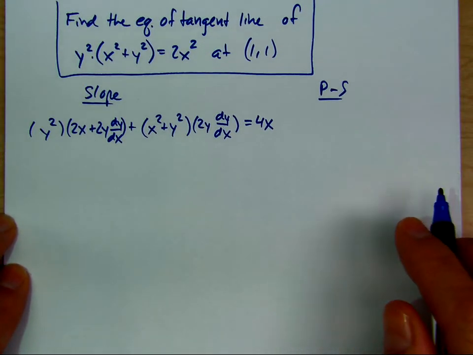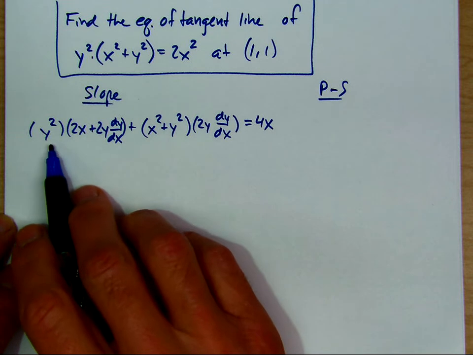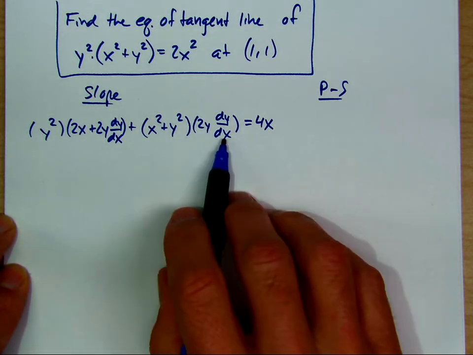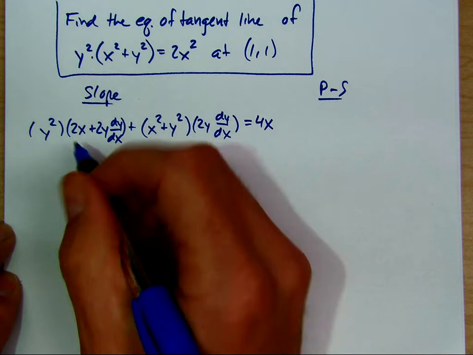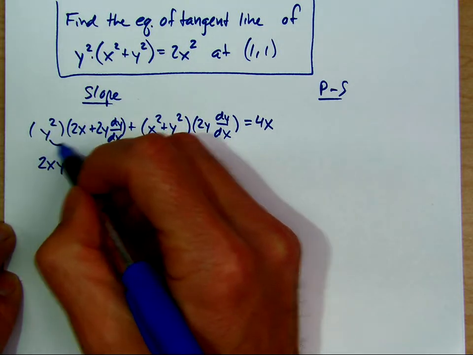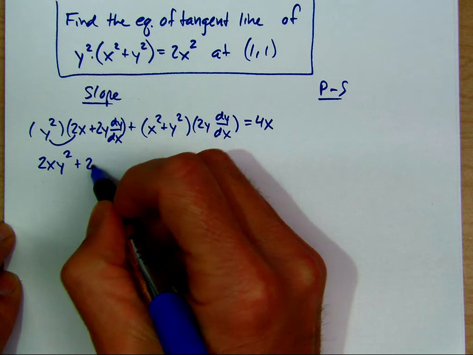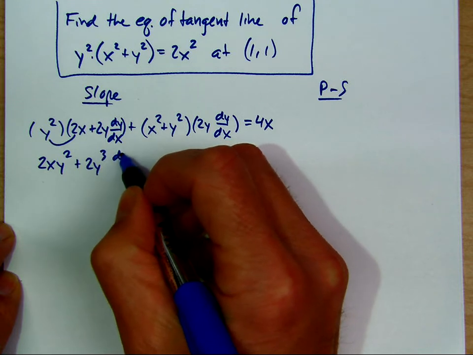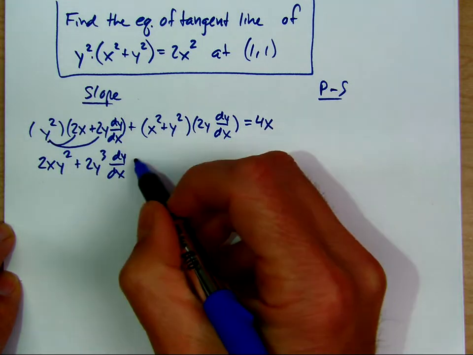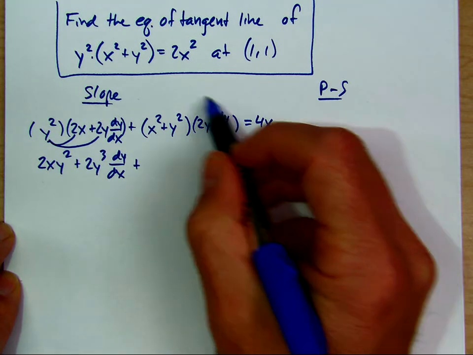We need to distribute that just so we can separate the dy/dx. So I'm going to distribute that. We have 2xy squared. Then we have 2y cubed, and that was like that. Now let's take this times that.